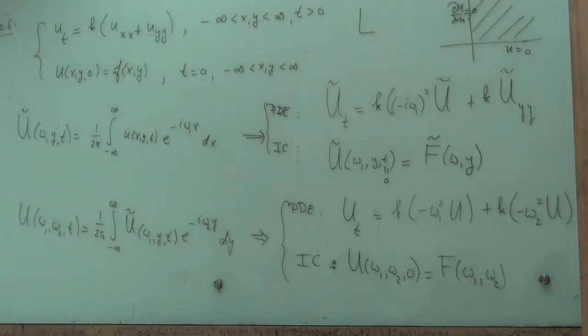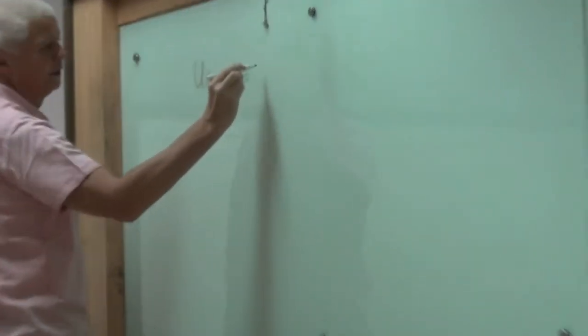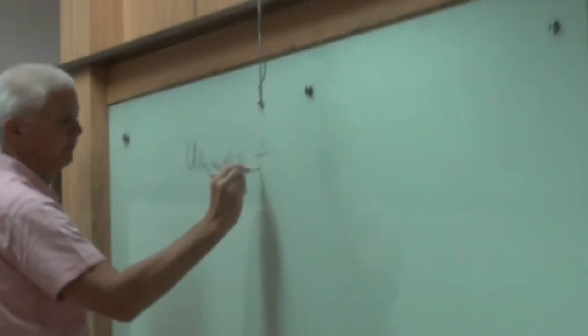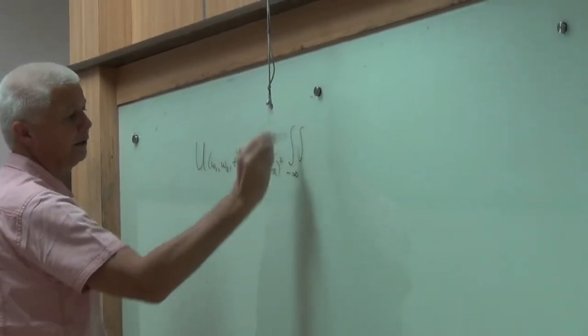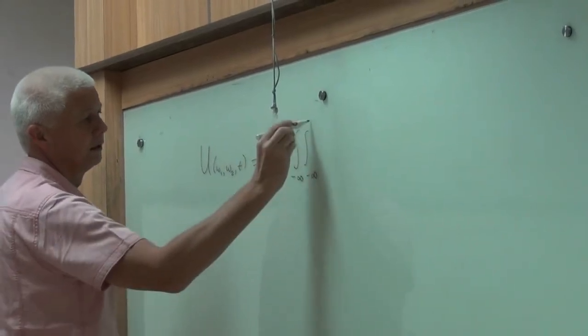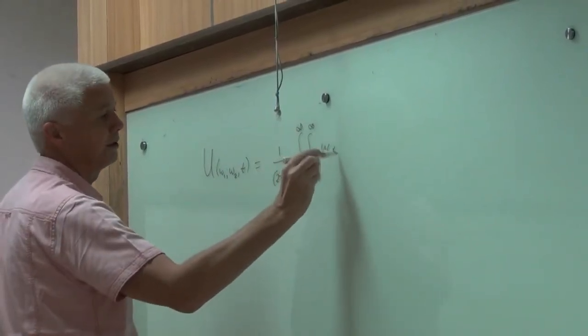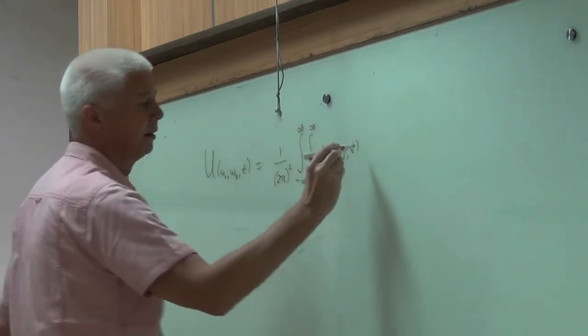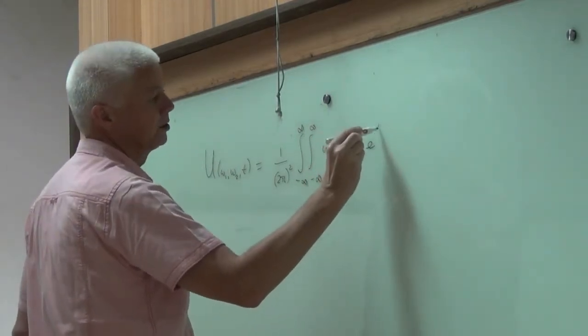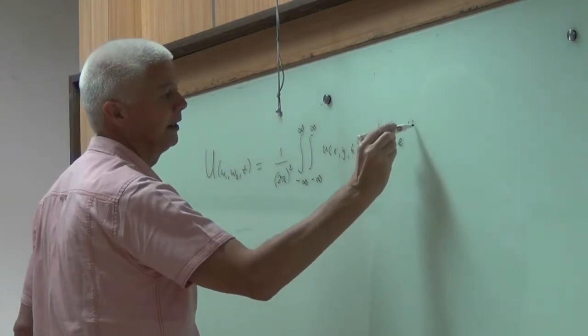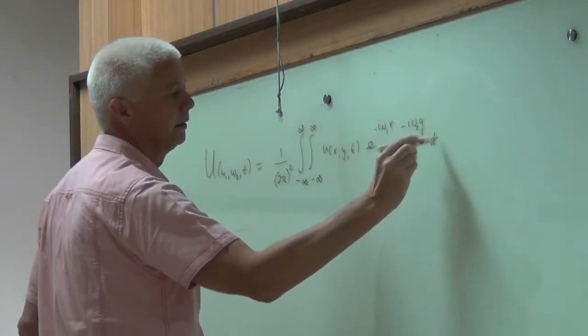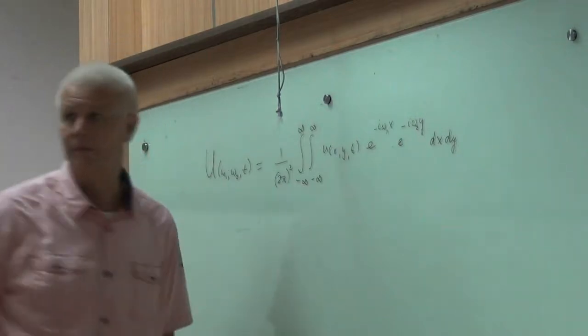U(omega 1, omega 2, t) is equal to 1 over 2 pi squared integral from minus infinity to plus infinity of u(x, y, t) e to the power minus i omega 1 x e to the power minus i omega 2 y dx dy.